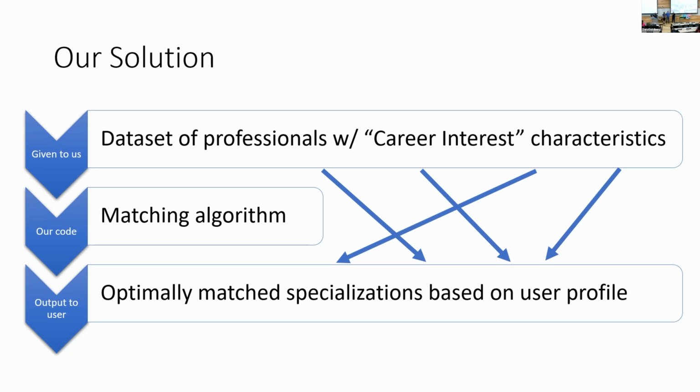What we wrote is a matching algorithm to match a user's 6 skills to the closest matching average for each of the jobs and to display which ones they match best. So the output would be optimally matched specializations, with the user taking the same characteristics assessment that we would be using for people out in the field.